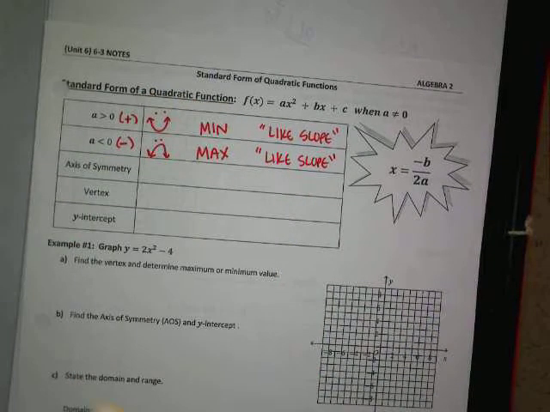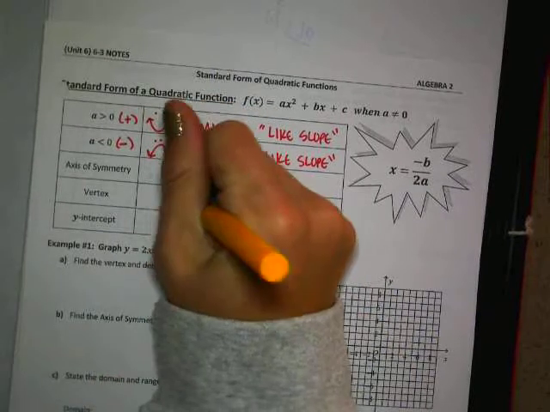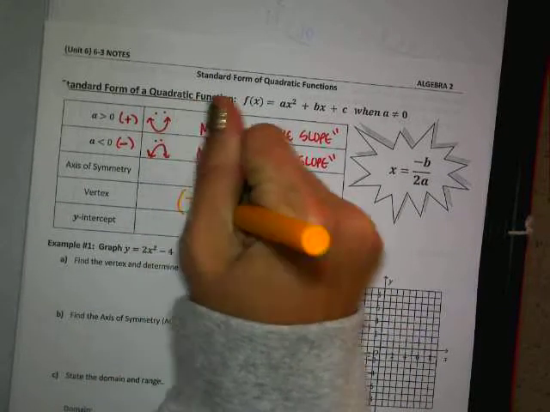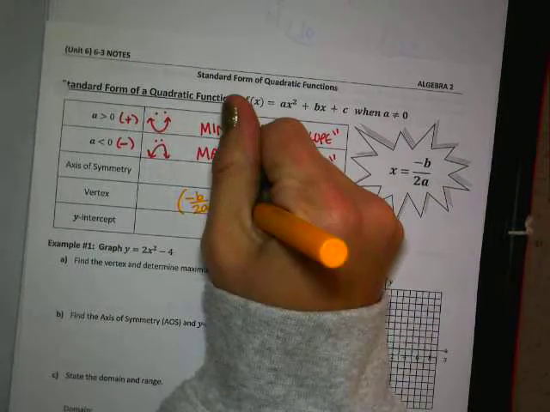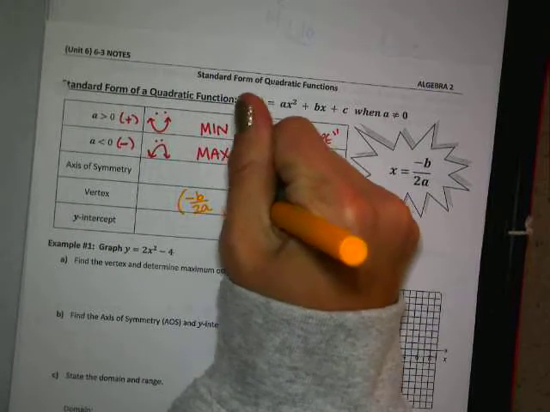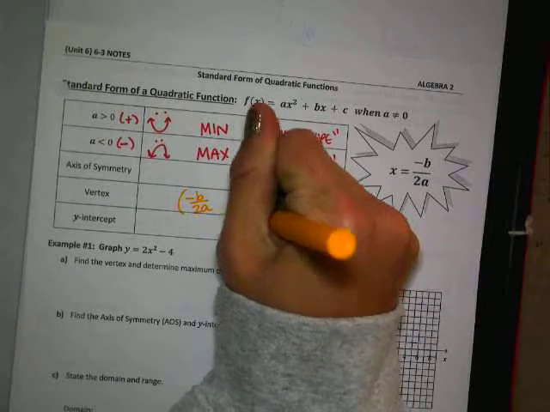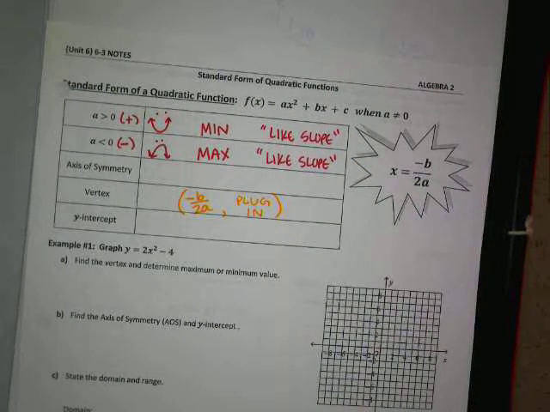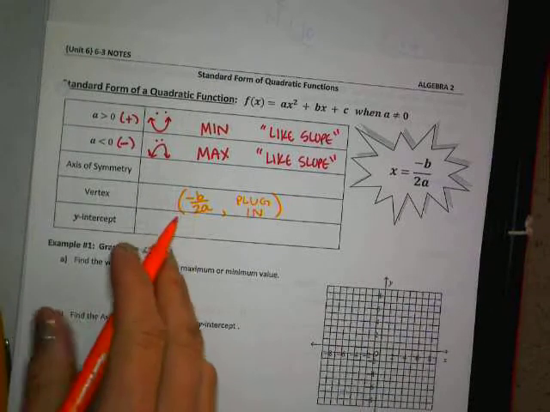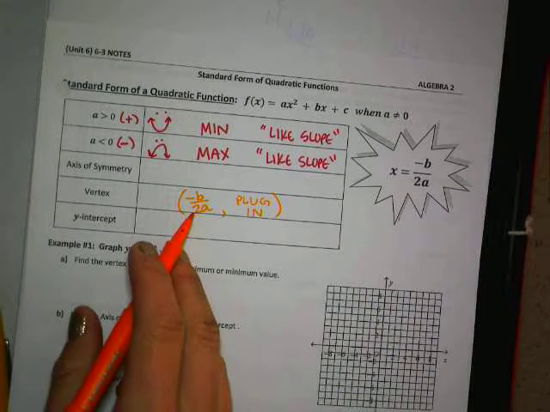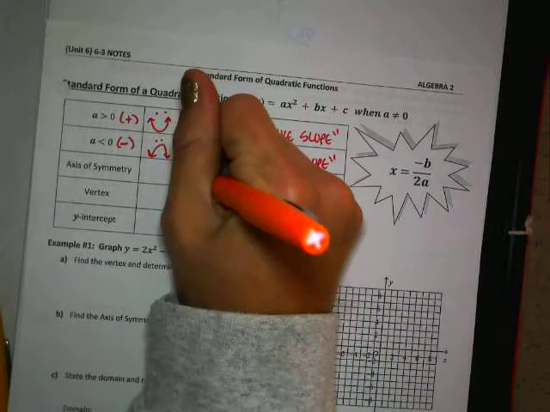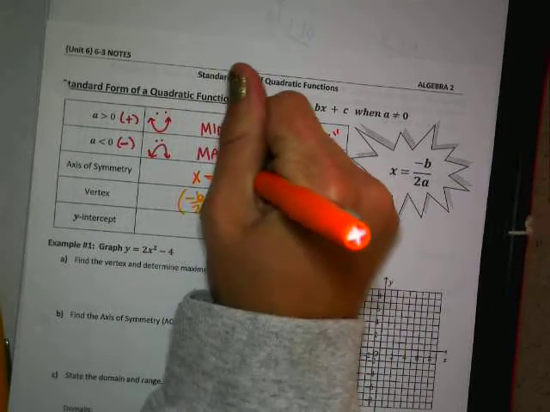So your vertex is going to be negative b over 2a for the x, and for the y, we are going to plug in your x value to get the y. Because your x value in your vertex and your x value in the axis of symmetry are the same thing, this is also your axis of symmetry.